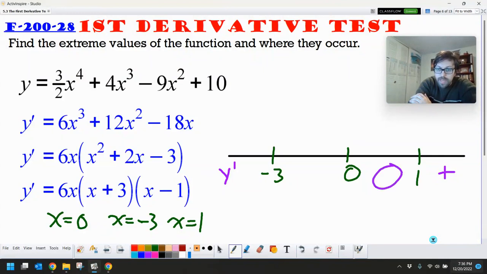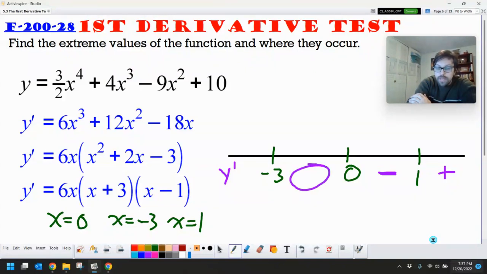If we try a value between 0 and 1, like a half, this will still be positive, this will also be positive, but a half minus 1 will be negative. So a positive times a negative, overall, is going to be negative.